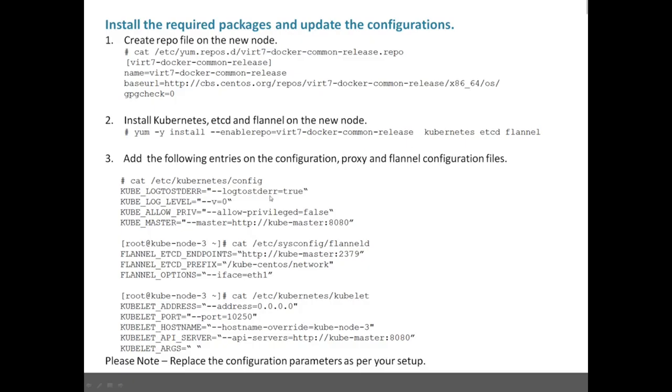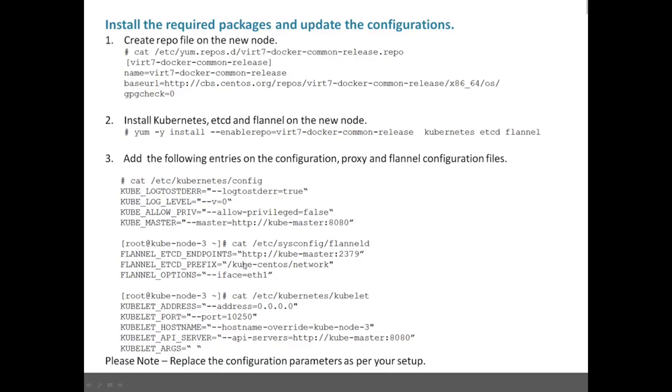After that, I will configure the configuration for Kubernetes where I will say, okay, this is the log file and these are the privileges, this is going to be master. These settings you can pick from your existing node, or if you have documented, you can use those settings. But make sure these settings are similar to your existing nodes in the cluster. After that, Flannel, I'm doing the same configuration.